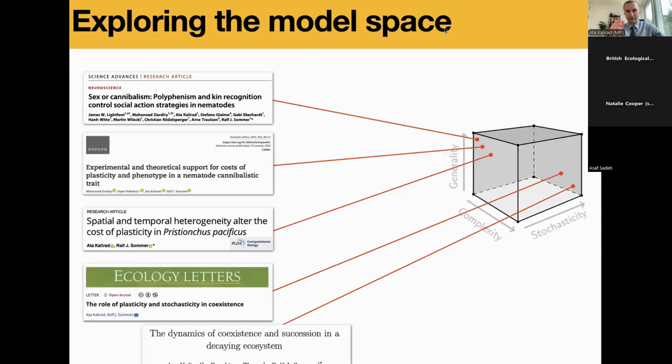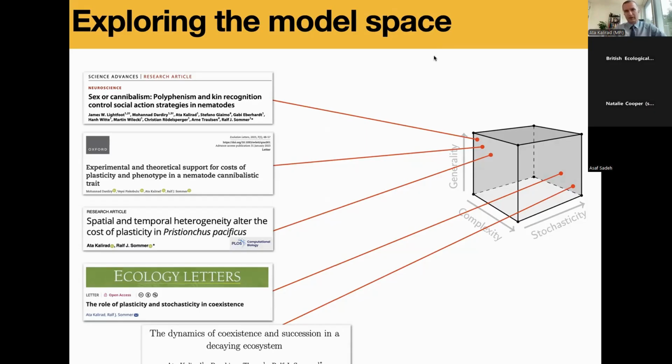And I have been mostly focused on phenotypic plasticity, but in order to model that over the years, I have looked at various types of modeling frameworks, and I tried to really explore the space of possible models in that respect. So using more deterministic models in some cases and using more complex agent-based models where you can have a lot of complexity and a lot of stochasticity. However, they are generally very specific to a given species that you're studying.